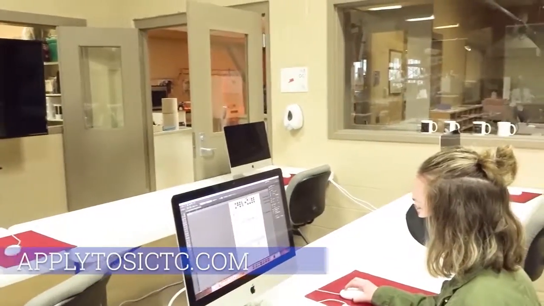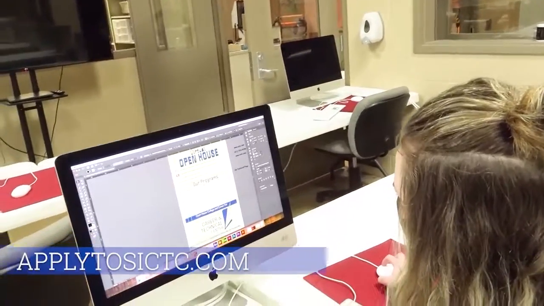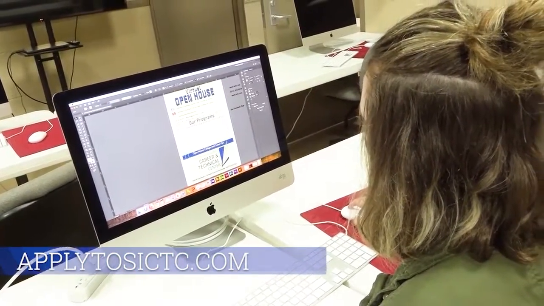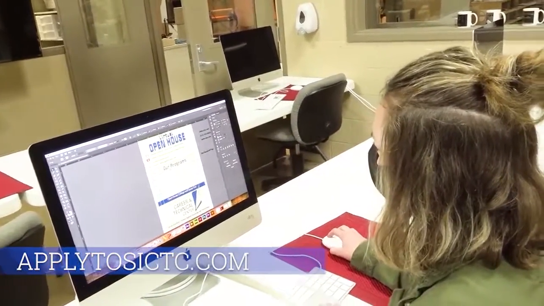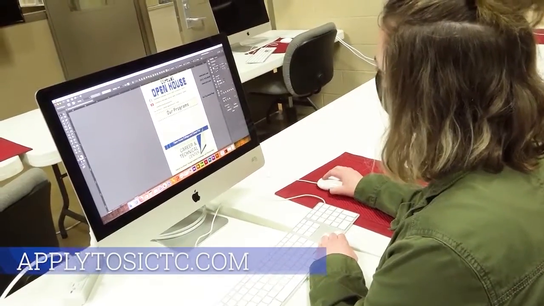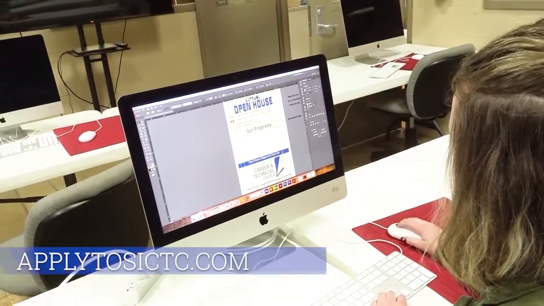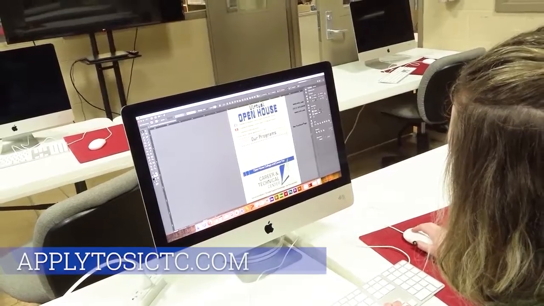I look at your GPA if you've taken other art classes. I do a lot of research on who's in this class. You just need to remember that this class is not just an art class. You are learning a trade, and the trade is actually printing. Designing is a big part of that because you have to know how to design to print.